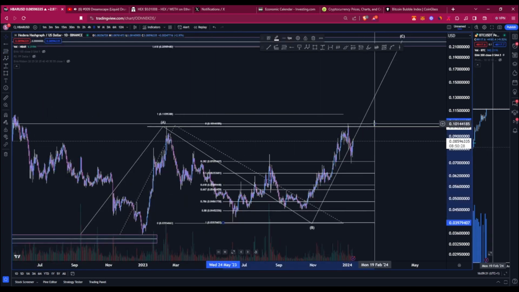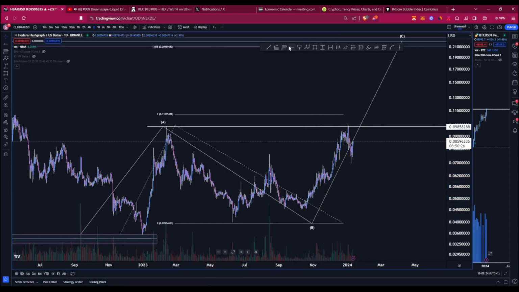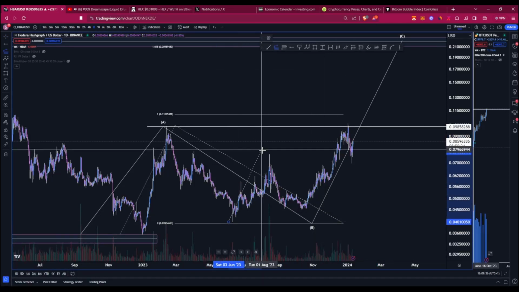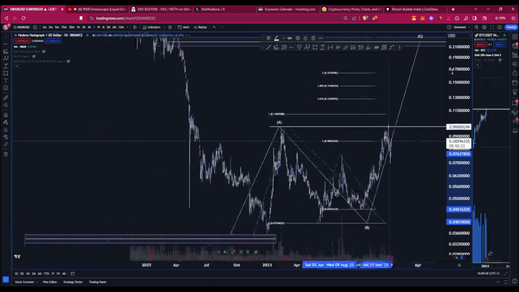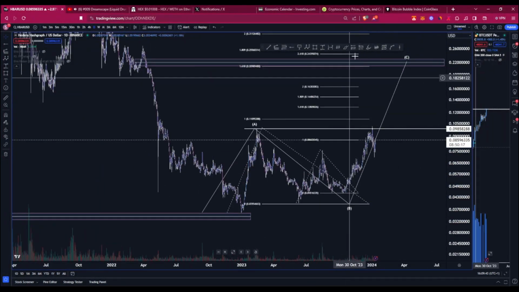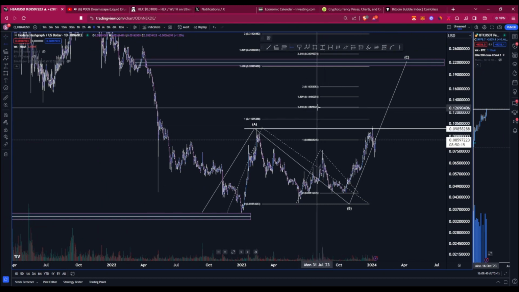If not, we had this internal ABC pattern, which now didn't even reach the target. But what tells us this target?